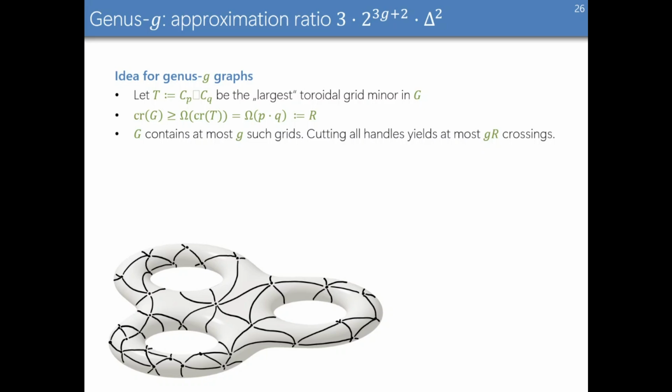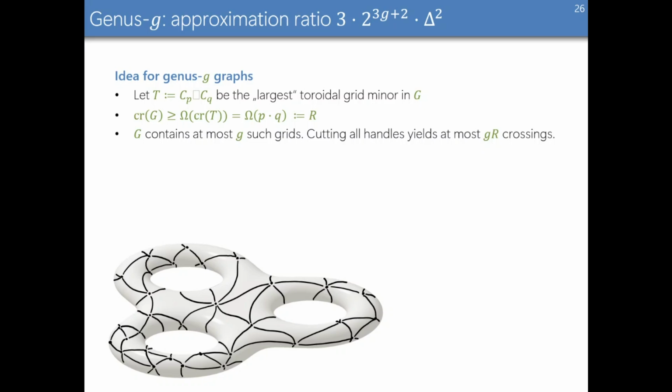We don't know anything about grids of higher genus. But if this graph requires a high genus, then there is a reason why it cannot be drawn with genus 0, and it cannot be drawn with genus 1. So there needs to be a toroidal grid in there somehow. So if I would just magically know what the largest toroidal grid in my graph is, I would have a lower bound on the number of crossings.